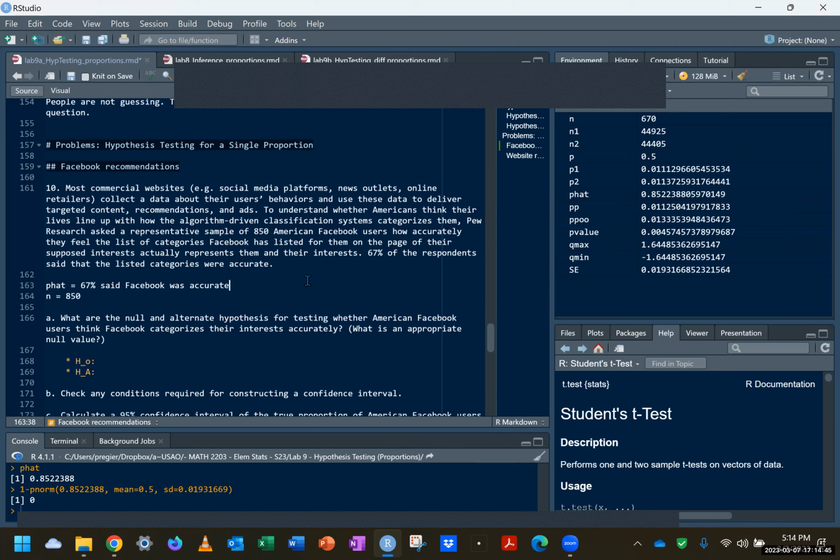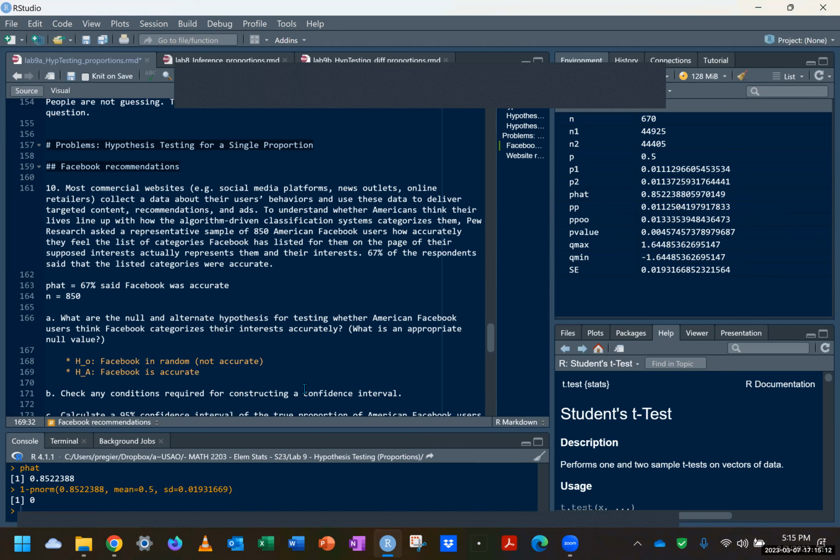And now the question is, is Facebook accurate? Well, the null says there's no difference between what Facebook is doing and random chance. So I could say Facebook is random or not accurate. It's just guessing. And then the alternative would say, yeah, Facebook is accurate.